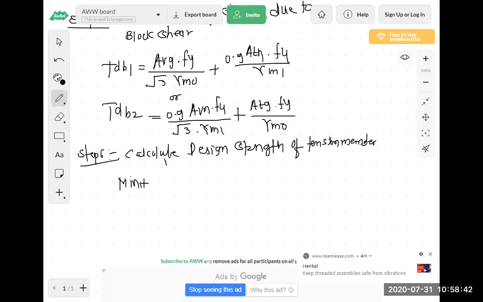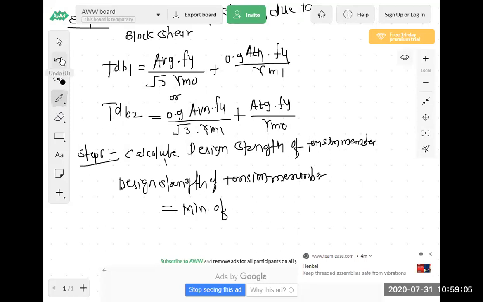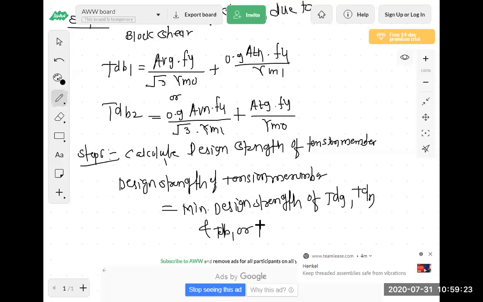Similar to here, the design strength of tension member is equal to the minimum design strength of TDG, TDN and TDB1 or TDB2.